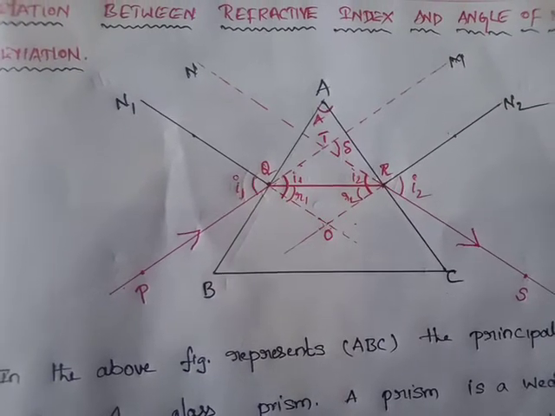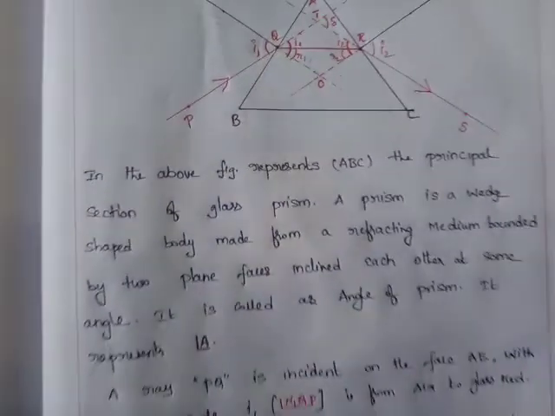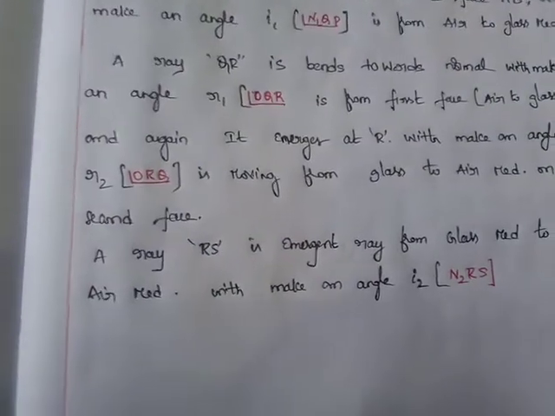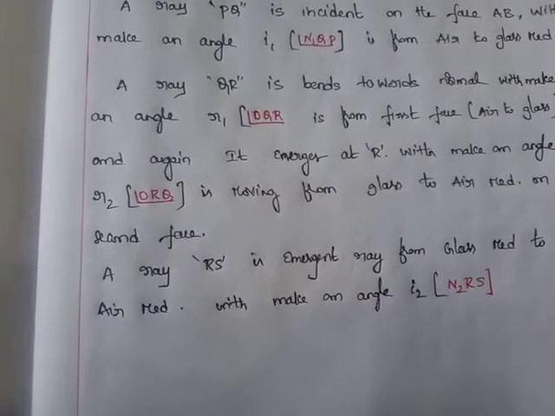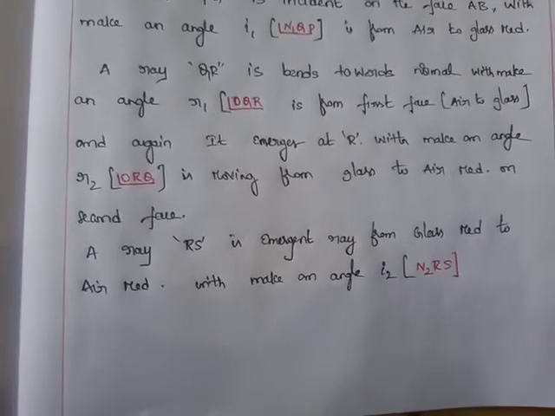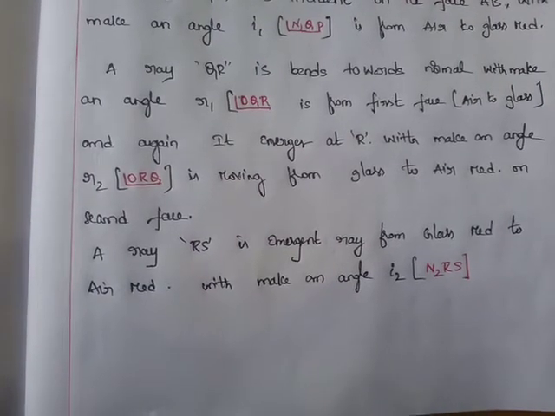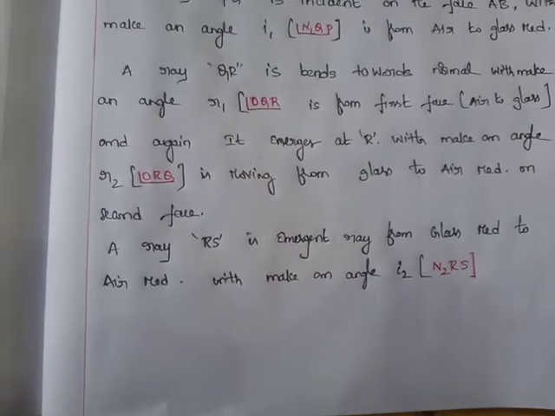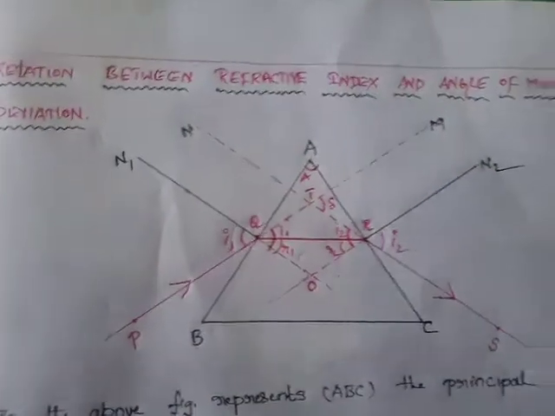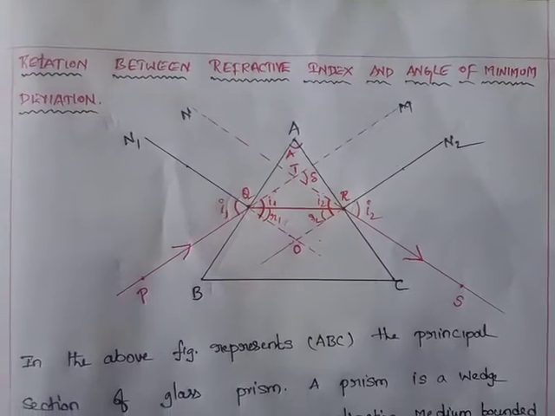R1 represents air to glass, and R2 represents glass to air, that means rarer to denser and denser to rarer. Now the ray RS represents the emergent ray from glass to air making an angle I2, that is angle N2RS.